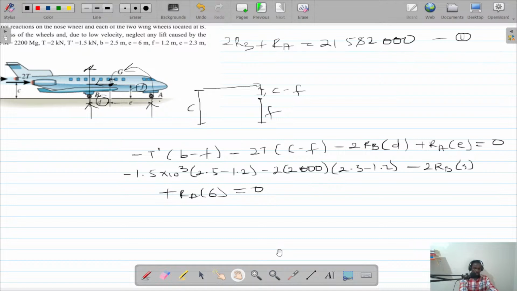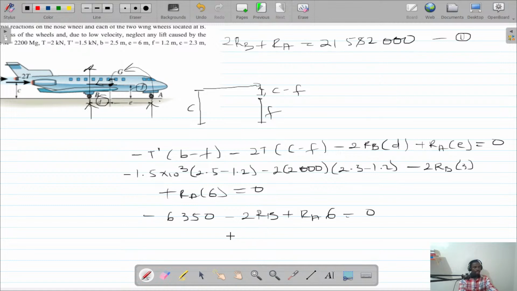And okay, so that would be, so we have minus 6,350 minus 2RB plus RE times 6 is equal to 0.